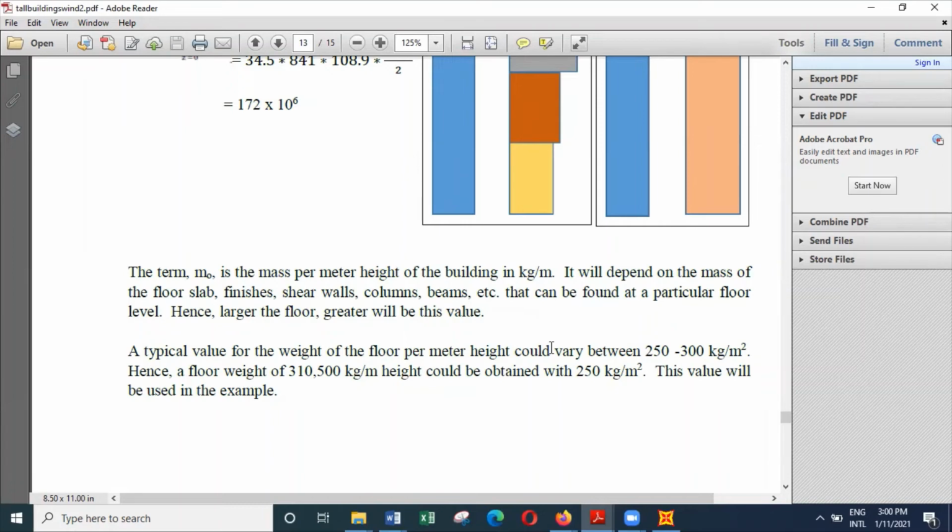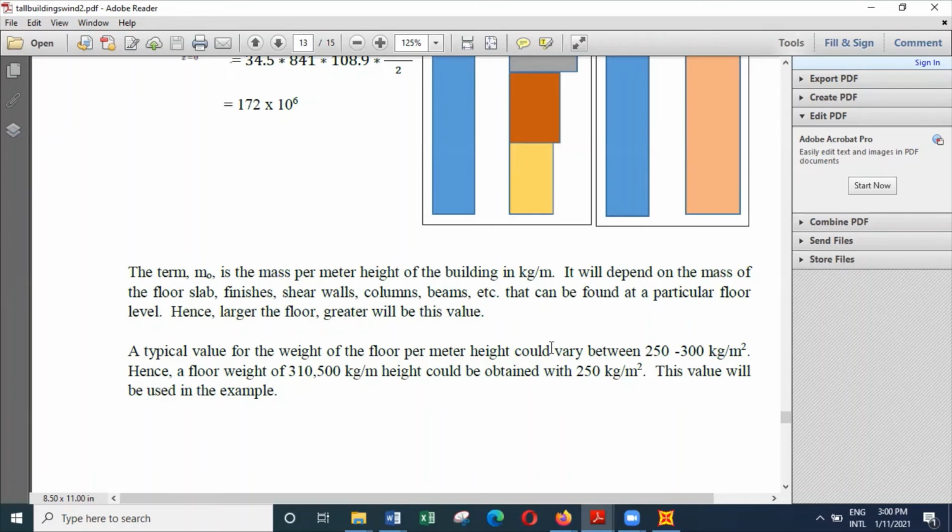But when you are doing an actual problem, you have to actually calculate the weight of the columns, beams, slabs, the shear walls, finishers, and add them all up. Then the load that you get will be in kilonewtons, so you have to convert it to newtons, then to kilograms, and then divide the whole value by the floor to floor height.